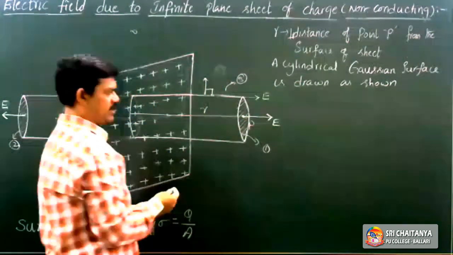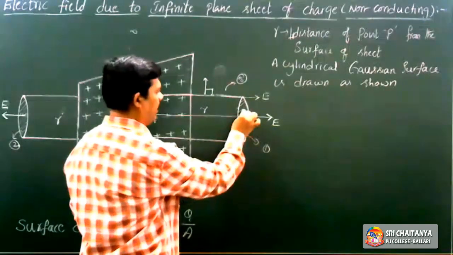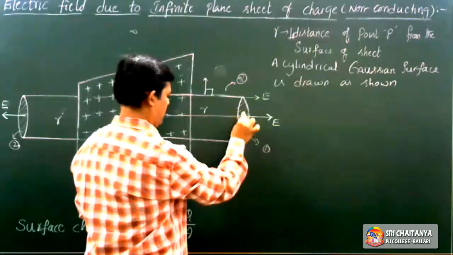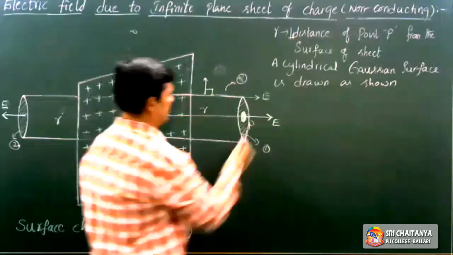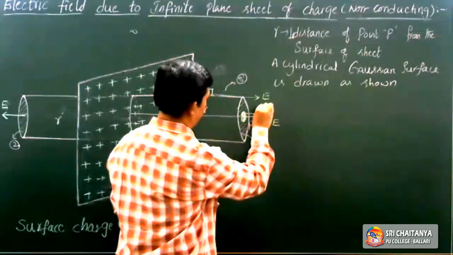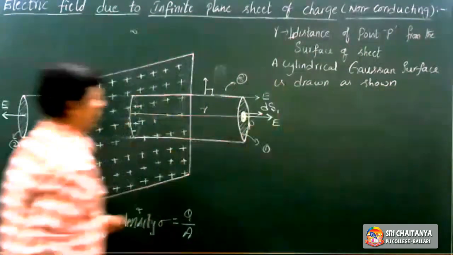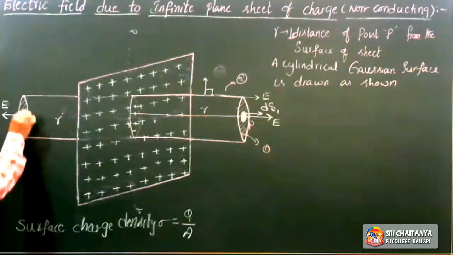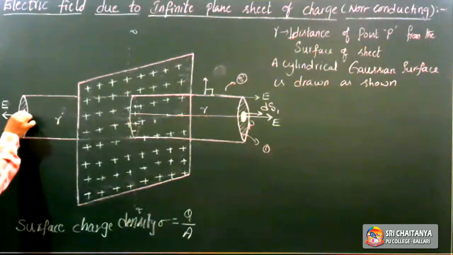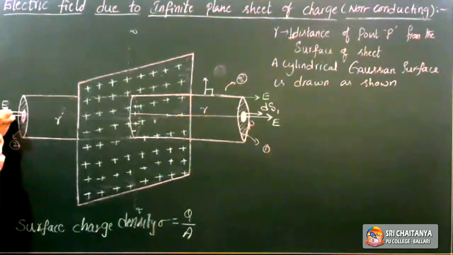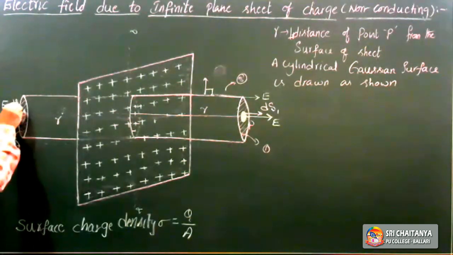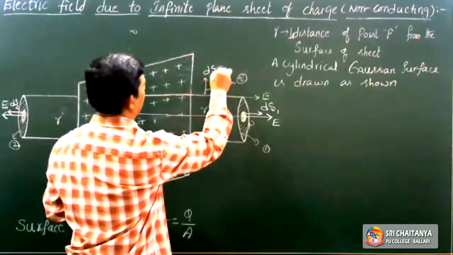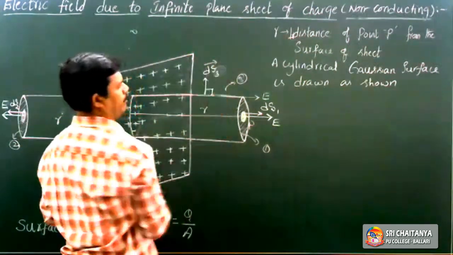If you draw area vectors, if here I consider an area vector, the area vector direction is in this way. Here, the area vector direction. If I consider a small element, the area vector direction is in this way. This is the way, right?